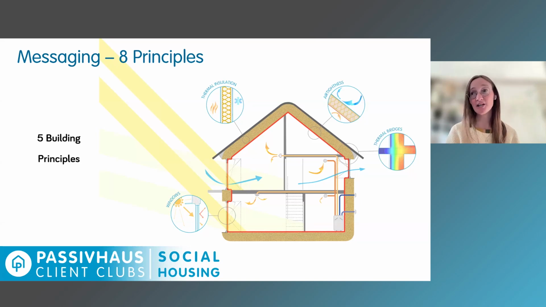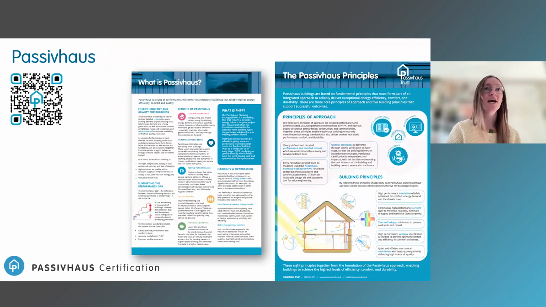Thermal bridges have to be very carefully understood, modeled, minimized to deliver a cost-effective Passive House solution. And then we need that balanced ventilation in the UK. But just having those 5 things alone without those principles of approach won't deliver a Passive House building in practice.